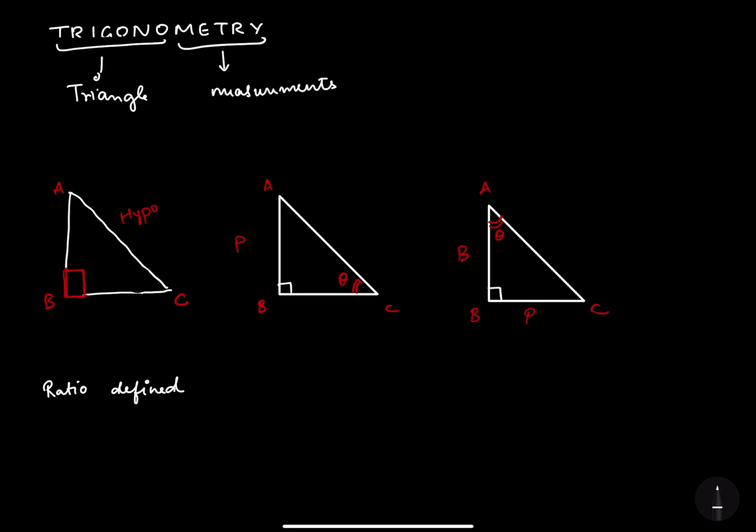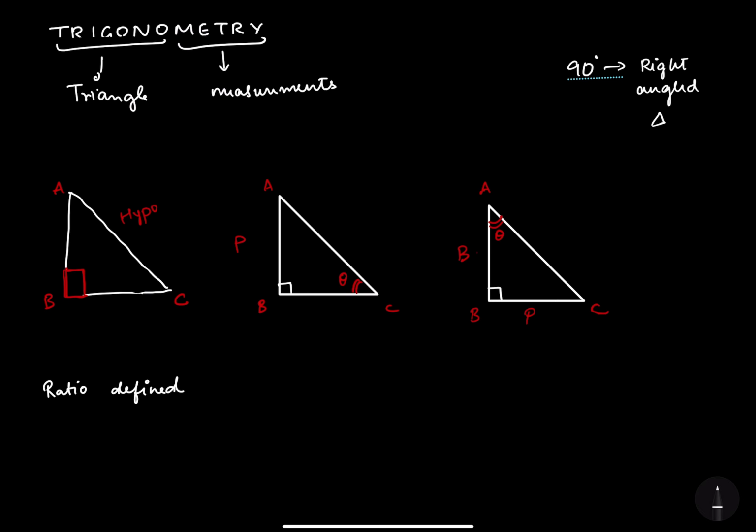And here, majorly we'll be going through right angled triangles. Again, if you don't know what a right angled triangle is, if one of the angles in your triangle is 90 degrees, that type of triangle we call a right angled triangle.